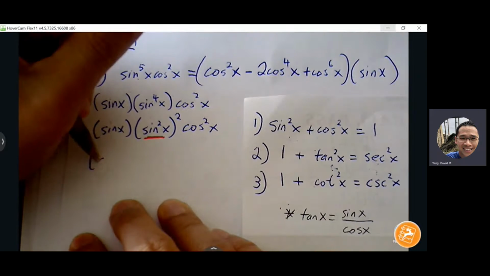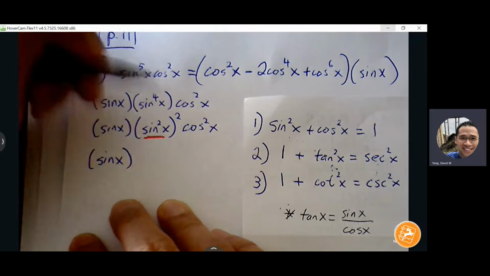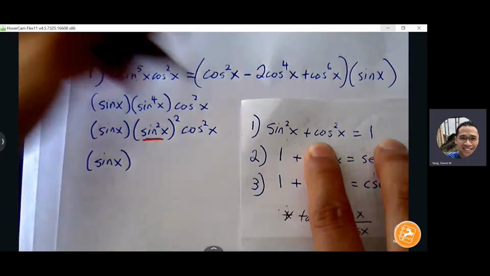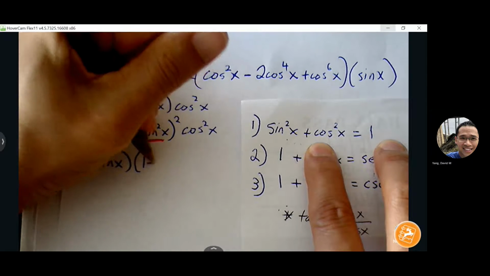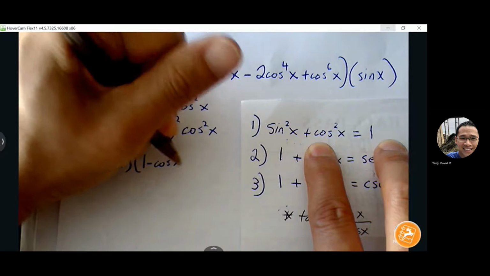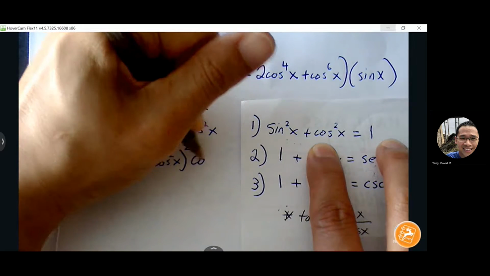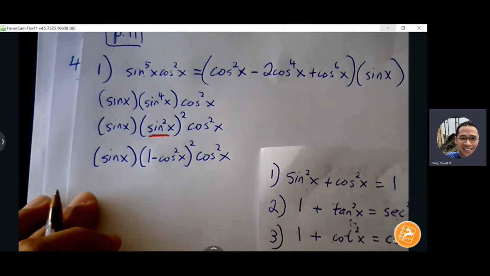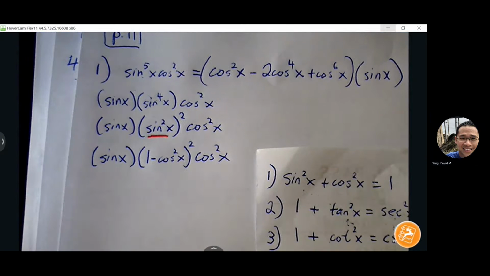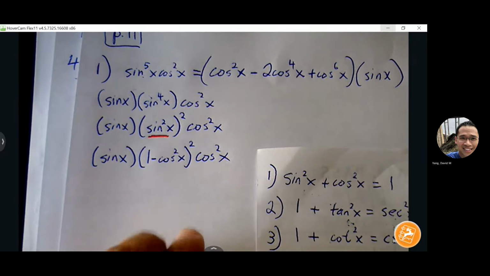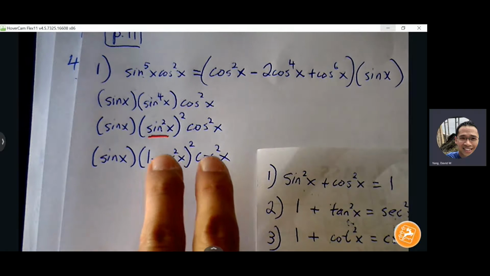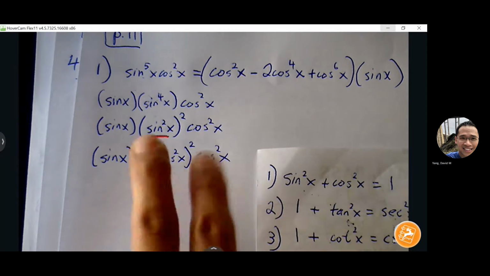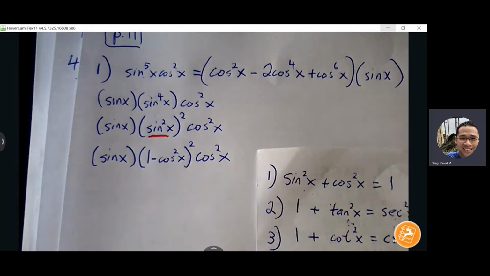So I'm just going to carry everything down, but I know I can adjust that sine squared to be 1 minus cosine squared. Am I any closer to the right side? If I can find a way to merge these together.